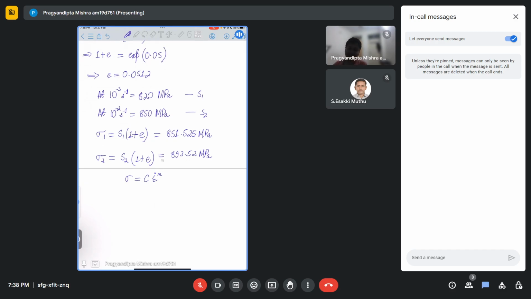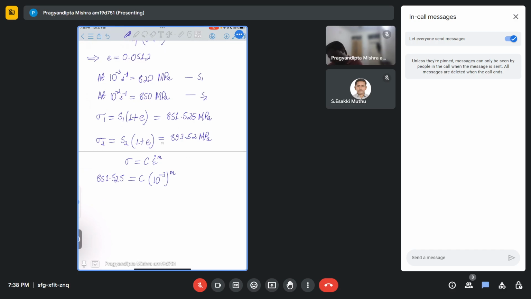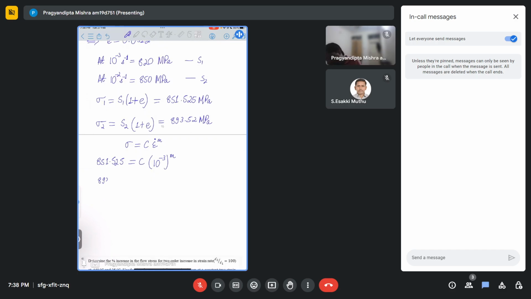So using this relation, we can write 851.525 is equal to C times 10 to the power minus 3 to the power m, right? And then 893.52 is equal to C times 10 to the power minus 2 to the power m.